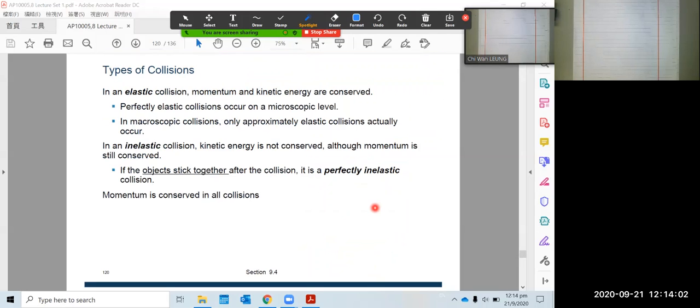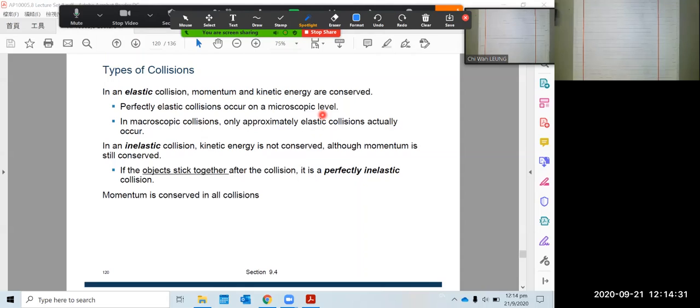So there are two important types of a collision. One is the elastic, and one is the inelastic. Elastic collision is actually exceptional. It is not present very often. Only when you have microscopic level collision, for example, collision of the gas molecules, where there is little deformation of the gas molecules, then you will have an elastic collision.